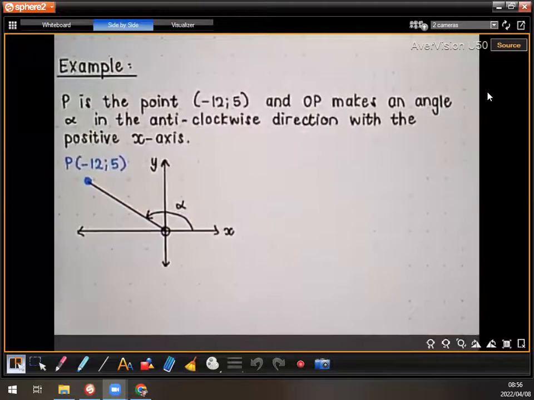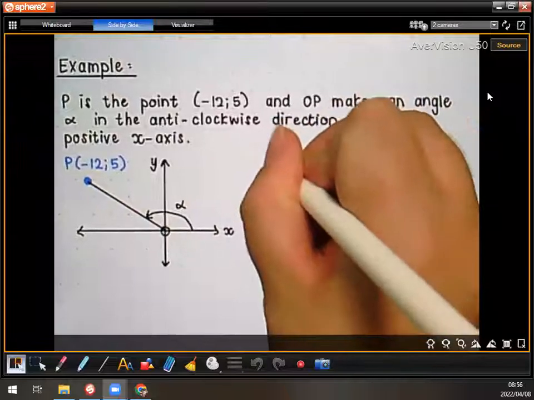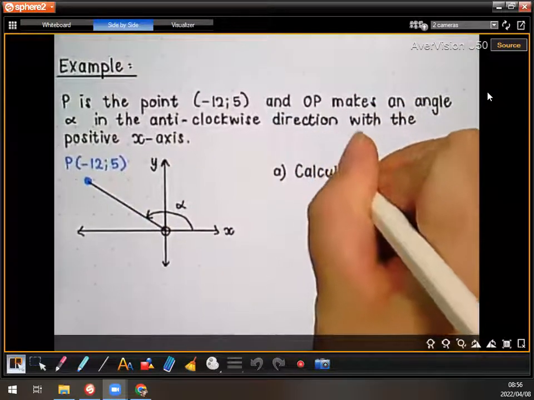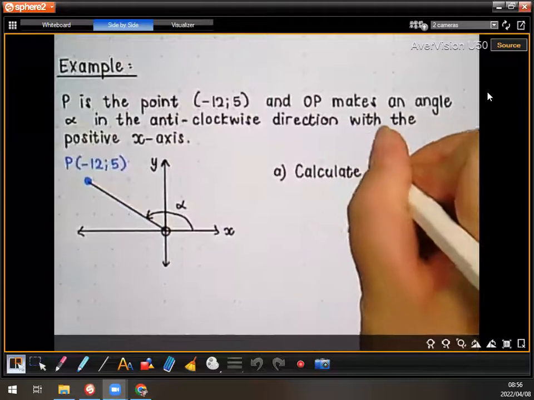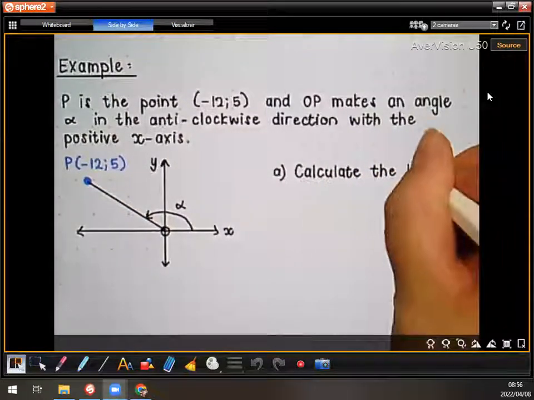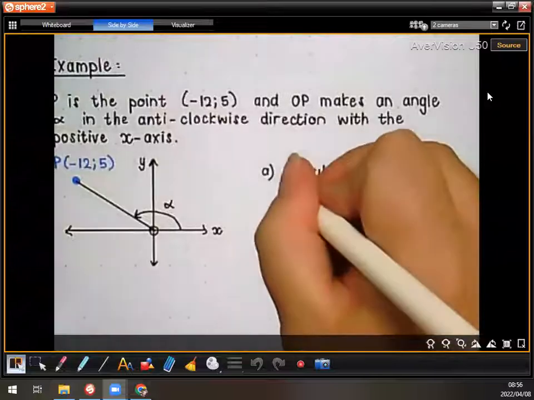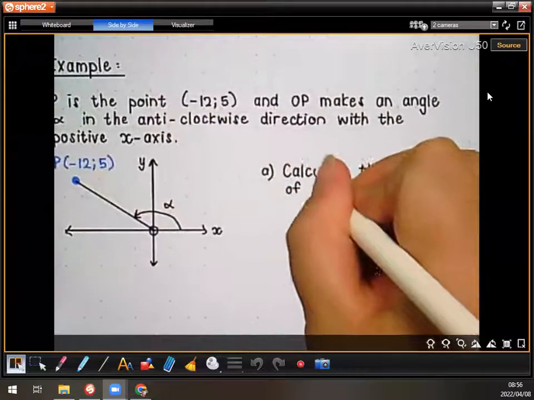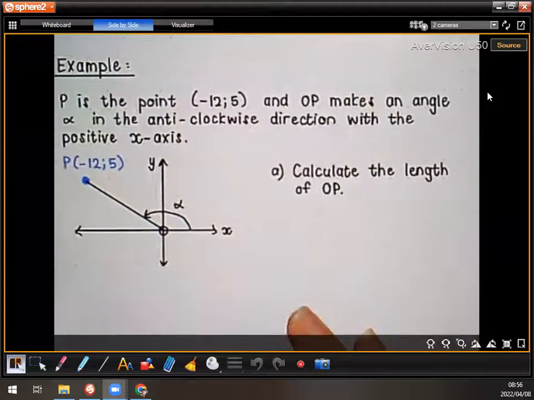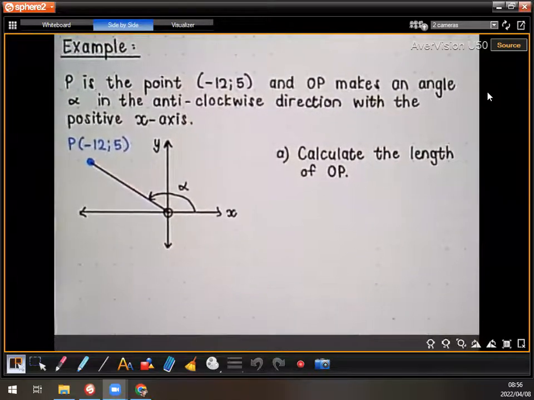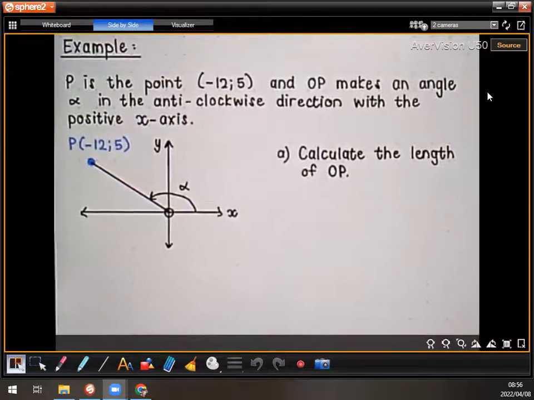Now they're going to ask us for A: calculate the length of OP. And guys, at the moment, we can't really calculate OP because we don't have a triangle there, right?